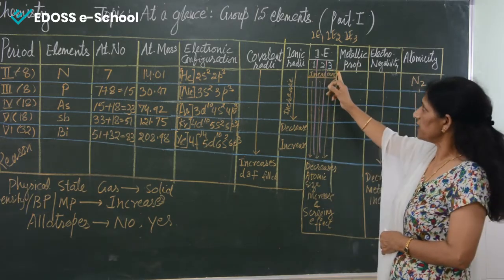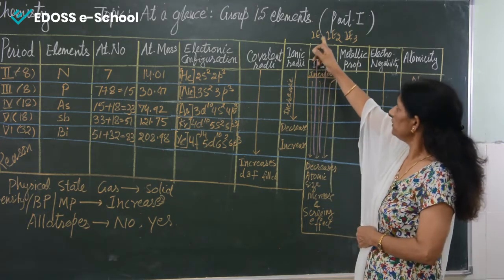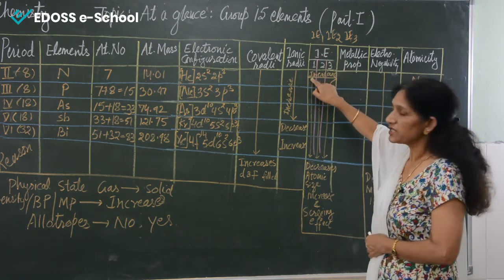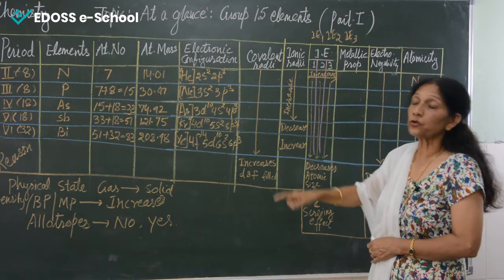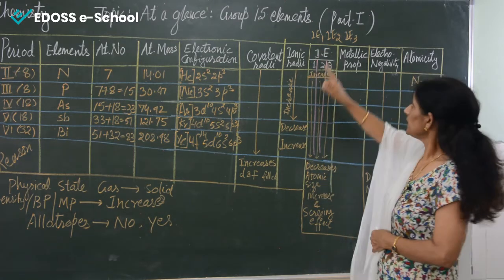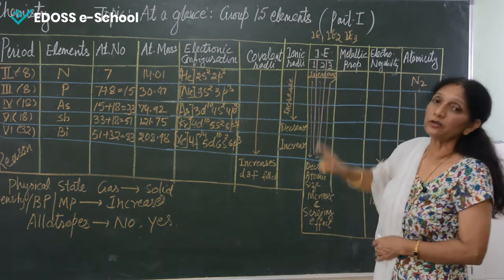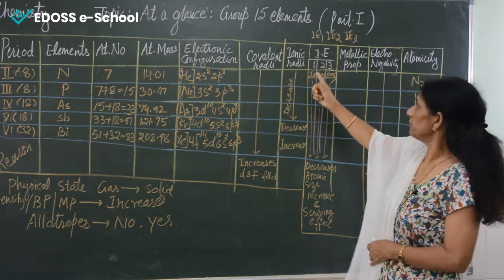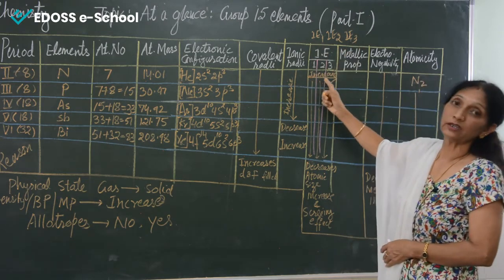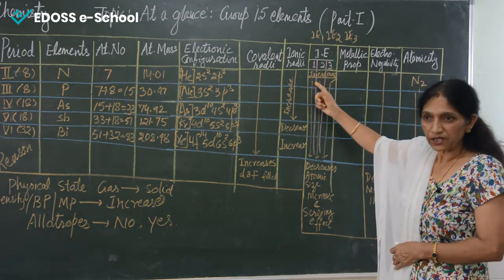So what is happening? To remove the first electron, less energy is needed, but to remove the second electron, more energy is needed, and to remove the third electron, too much energy is needed. So we can say that ionization energy from 1 to 3 is increasing. Why is it increasing?